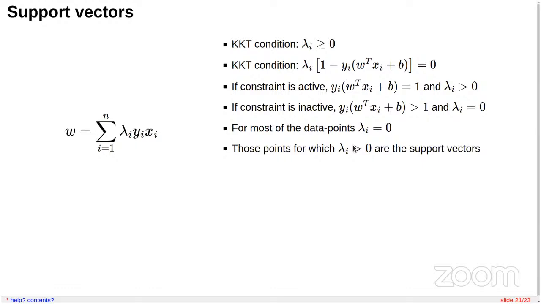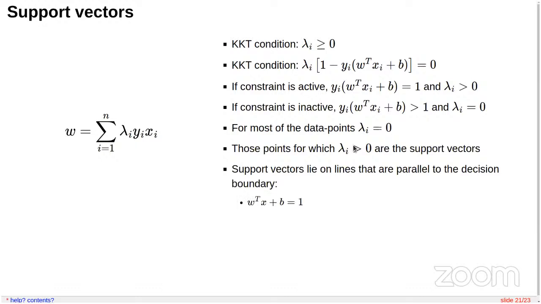One way to understand it is to say that everything which lies on the bounding planes, on these two lines, is a support vector. But that seems arbitrary. Who told you that if a vector lies on this line, it's a support vector? That seems unfounded.